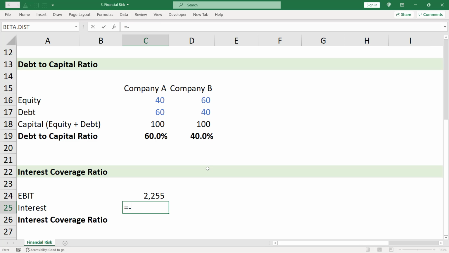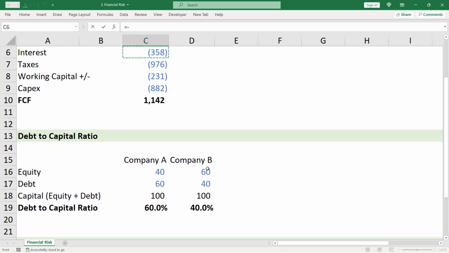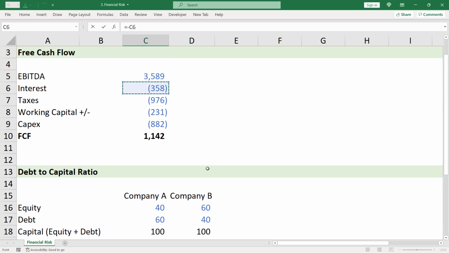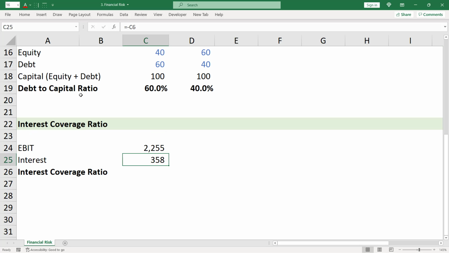My interest I will find in cell C6 above, and make sure to reverse the sign because here I want to see just the value in a positive manner to calculate the interest coverage ratio. My interest coverage ratio will be EBIT divided by interest, which is 6.3.